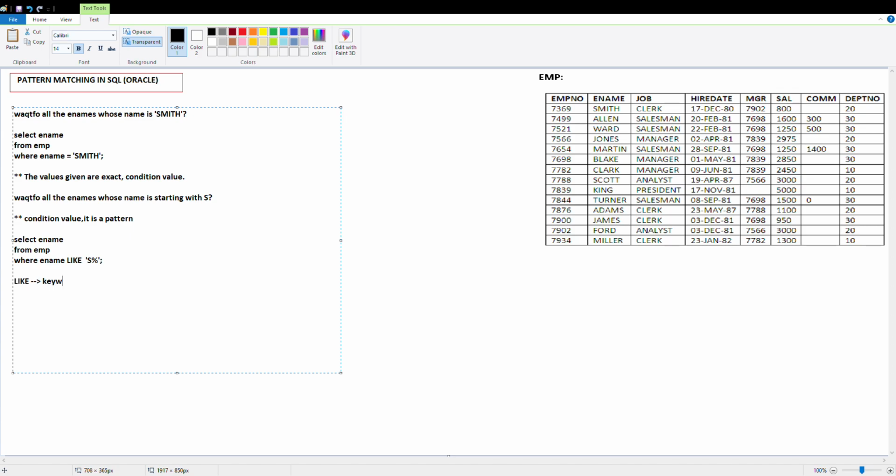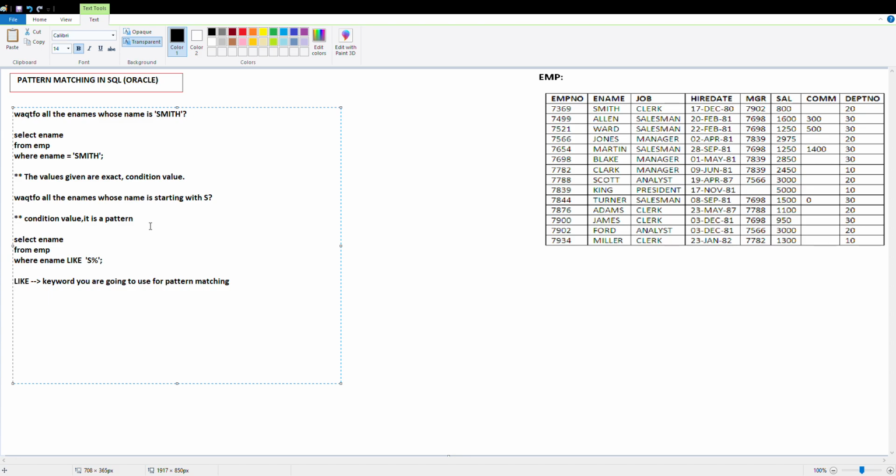This is a keyword you are going to use for pattern matching. Instead of equal to, just like in, not in or is null, you are using like. You should not use equal to, greater than, lesser than, all these things. You have to use the keyword like.